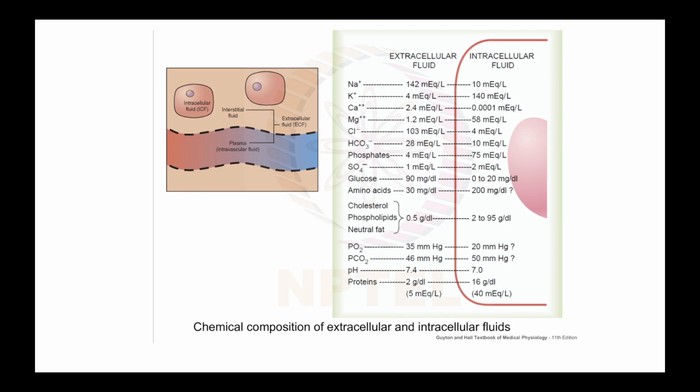In the blood vessels, along with the RBCs, we have the plasma. That is a fluid called intravascular fluid. And then between the cells and between those blood vessels, in the intermediate space, some fluid is also present, which is called interstitial fluid. There is a difference in the concentrations of intracellular and extracellular fluid, and those are reflected in this particular table.